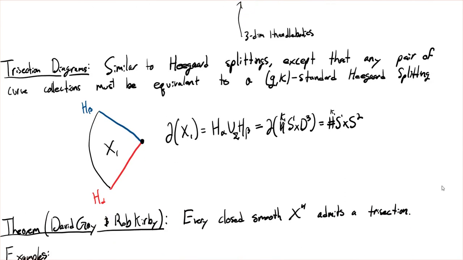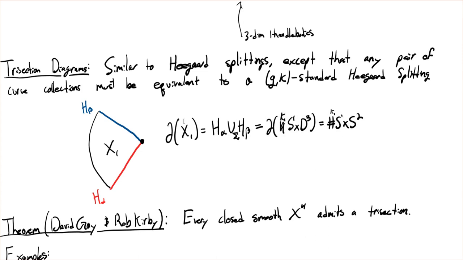So that's what we're saying here. One of these standard pieces, its boundary is the union of these three-dimensional one-handle bodies, which again is a Heegaard splitting. And we know which manifold that is going to be.